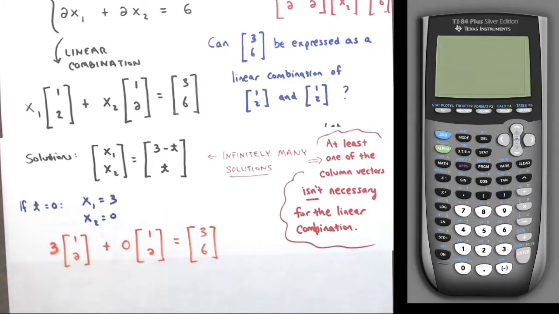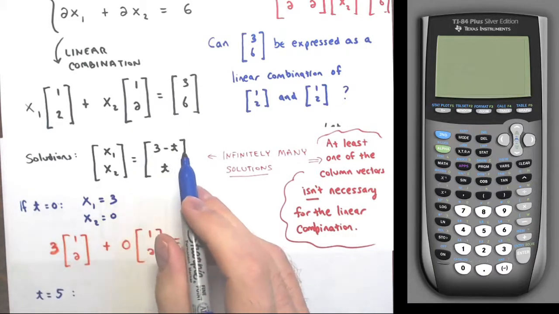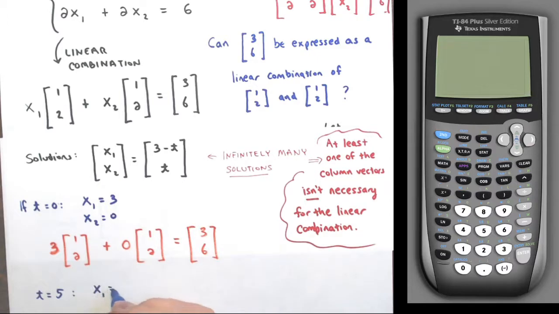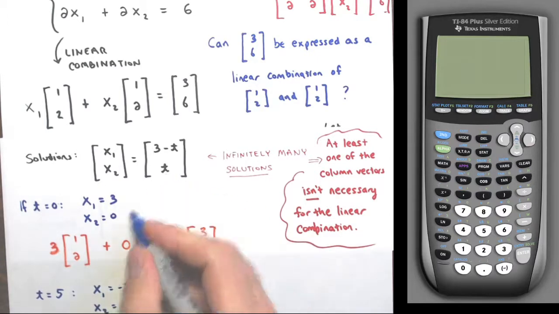Okay, and again, you could have t be anything you want. I could do other stuff. If t equals 5 or something, then x1 would be 3 minus 5, so x1 would be negative 2, and x2 would be 5, right, the value of t.